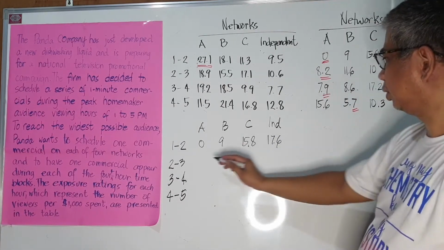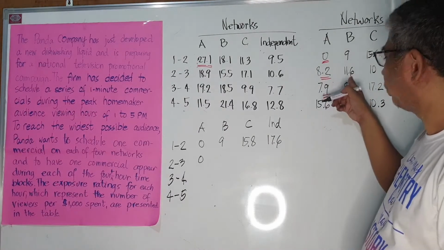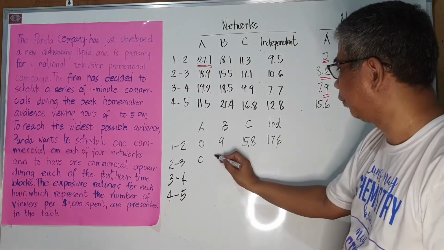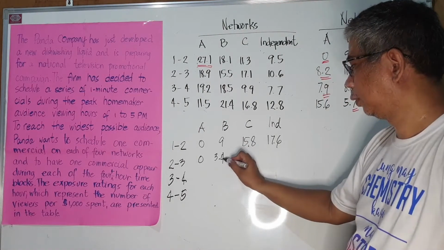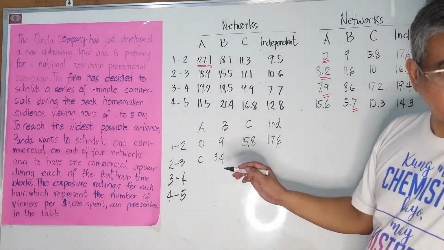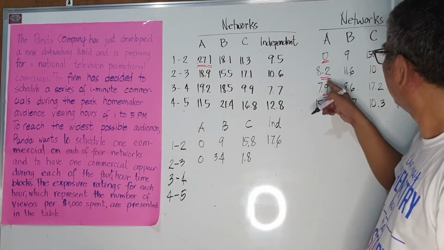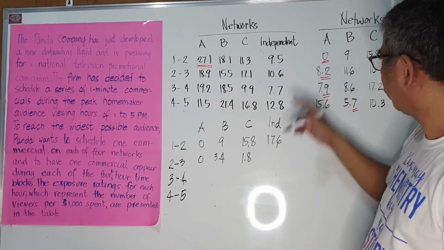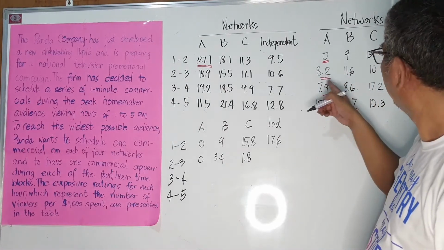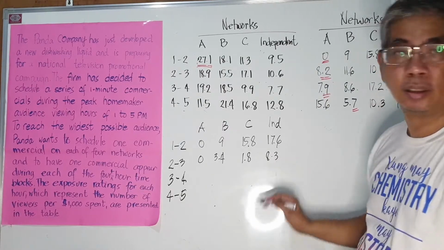Moving on to this row, so 0, 8.2 minus 8.2 is 0, 11.6 minus 8.2 is 3.4. Okay? Then 1.8. 10 minus 8.2 is 1.8, then 16.5 minus 8.2 is 8.3.